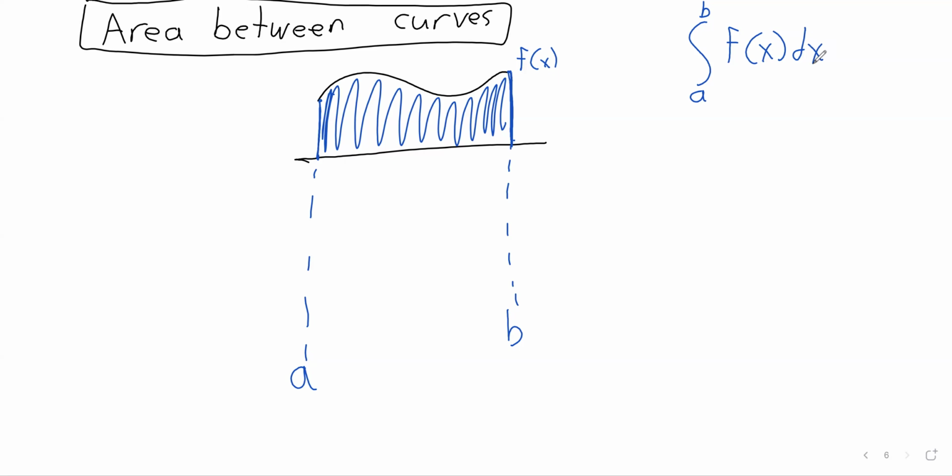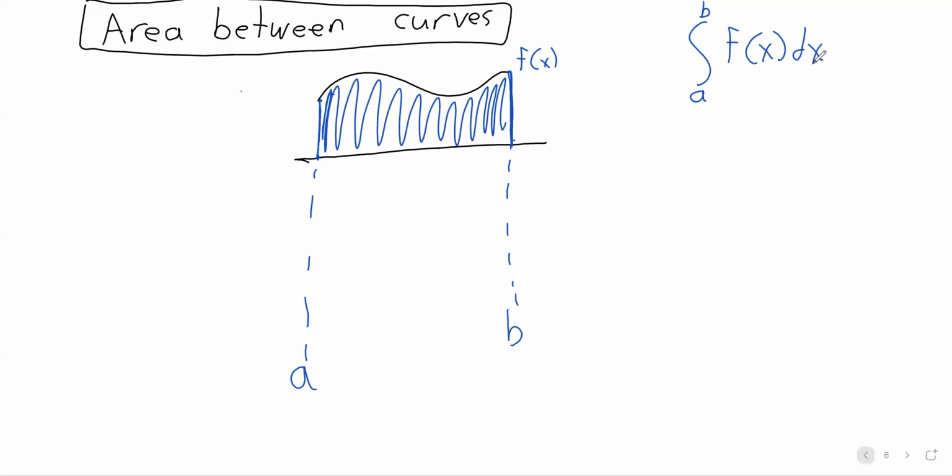If f of x is ever negative, it becomes a weighted area. We can talk a little about that tomorrow or Thursday. So now, instead of under, we see the word between.